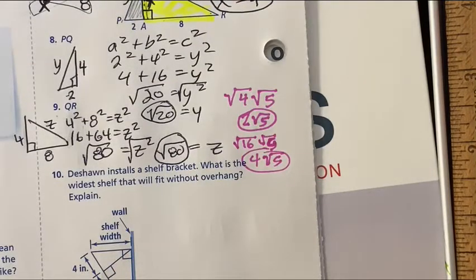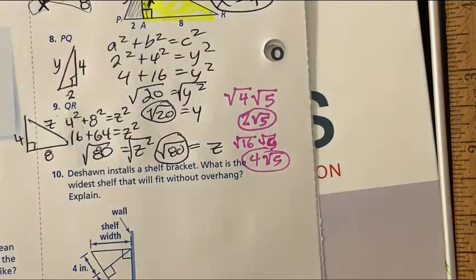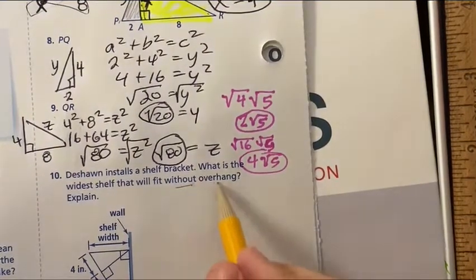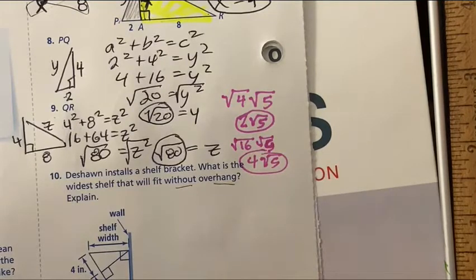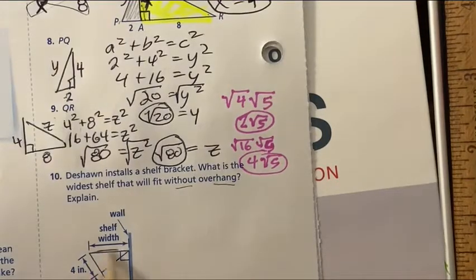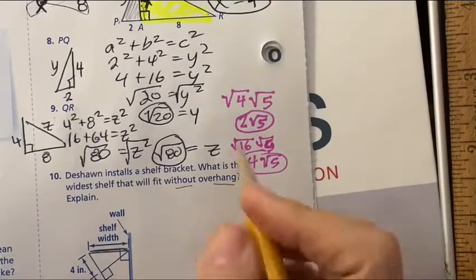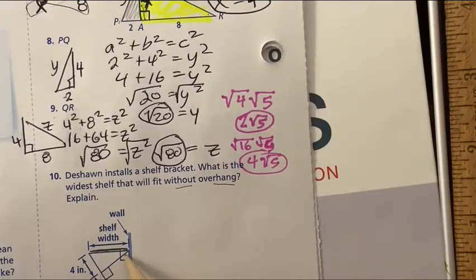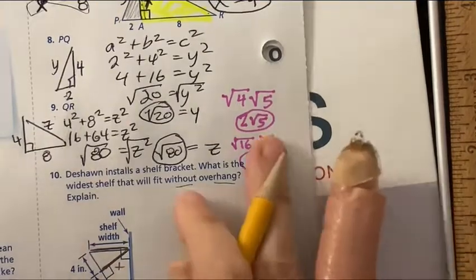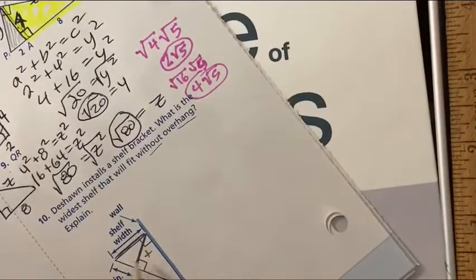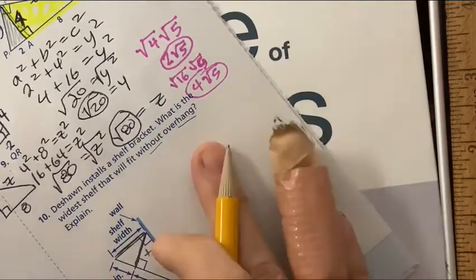All right, Deshawn installed a shelf bracket. What is the widest shelf that will fit without overhang? So they want to know this, I guess. Okay, I think I'm going to have to call my altitude x. I'm going to have to set this one up first, right?